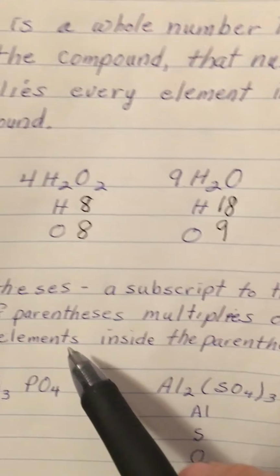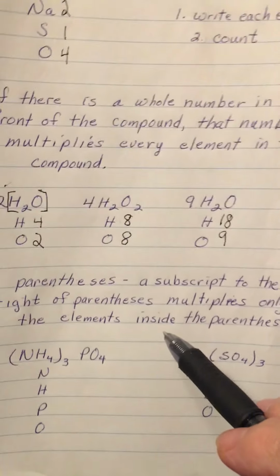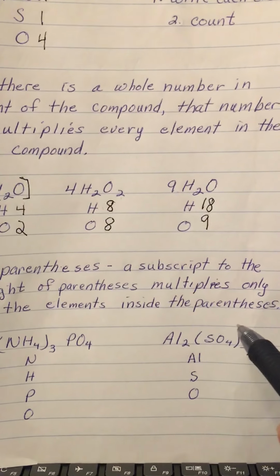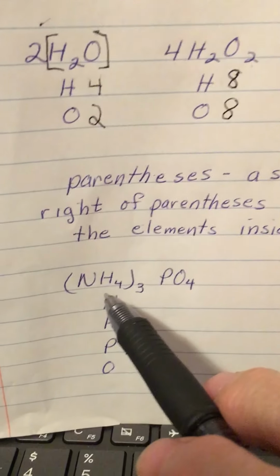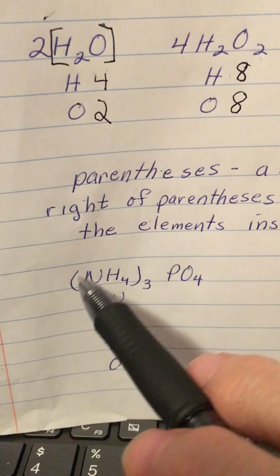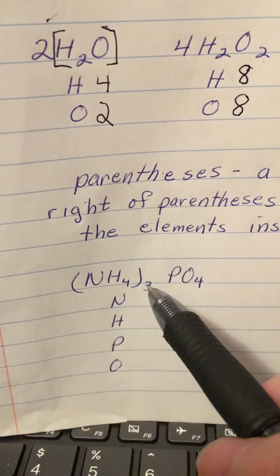Water again. When there are parentheses, a subscript to the right of the parentheses multiplies only the elements inside the parentheses. So here we have ammonium phosphate. Only the ammonium is in the parentheses, so everything in here is multiplied by 3.